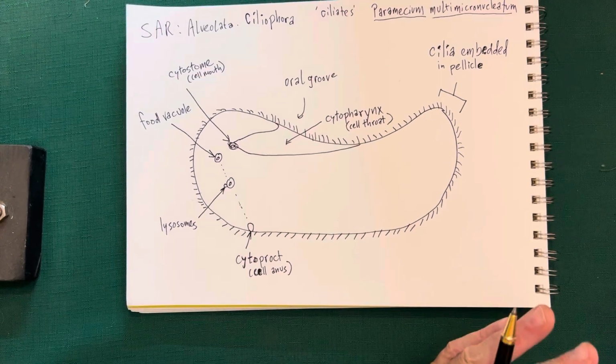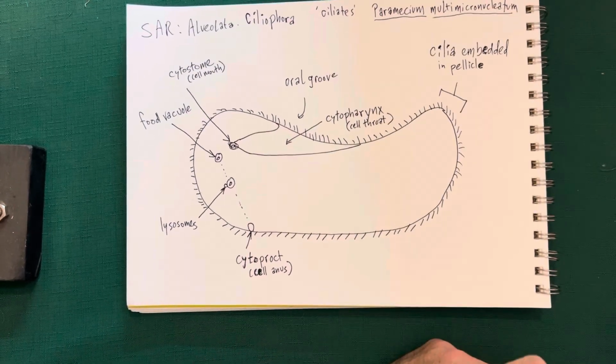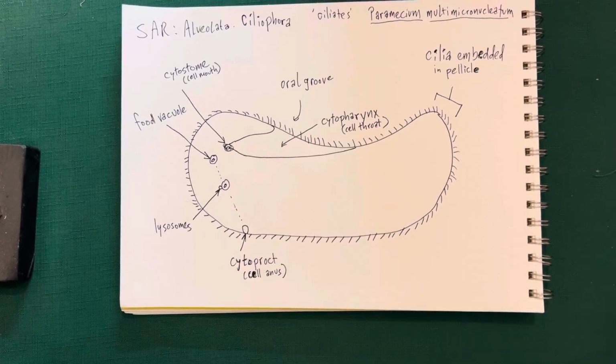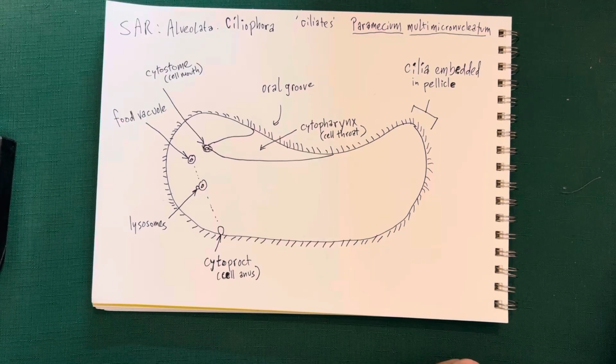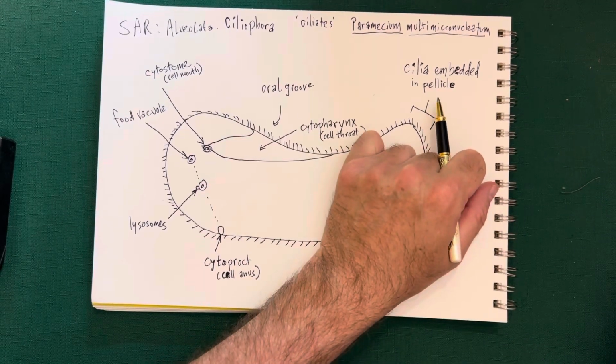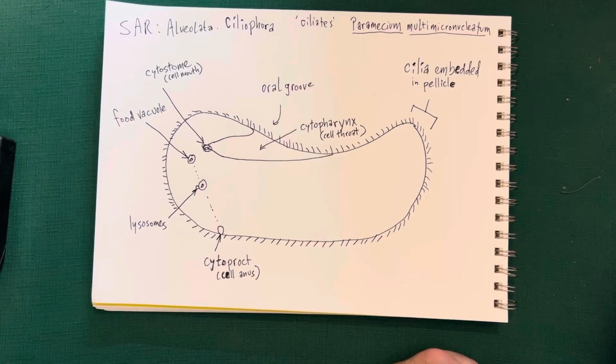And that little cellular skin is called a pellicle. Pellicle literally means little skin. If you studied French, you know that the word for skin in French is peau, P-E-A-U. In Spanish, it's piel, P-I-E-L. Both of those words come to us from the same Latin word root, pel. Icle means a little thing, like a molecule is a little bit of stuff. A pellicle is basically a tiny little skin.